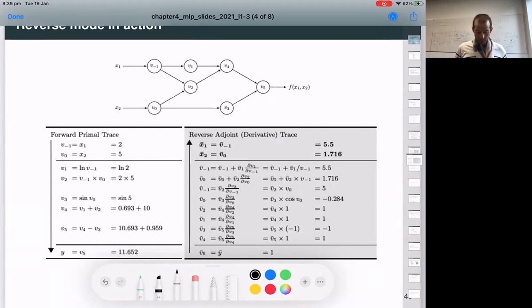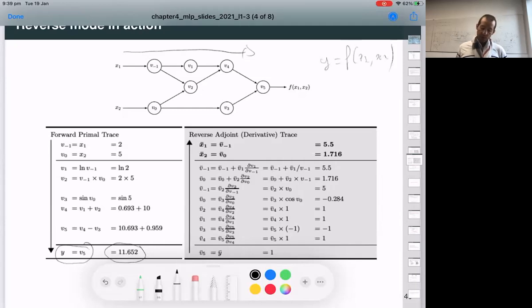So same process as we have done before, but we do it in reverse mode. Remember, even in backpropagation, we do a forward pass. The forward pass enables us to compute the value of our outcome, in this case y, which is equal to f(x1, x2).